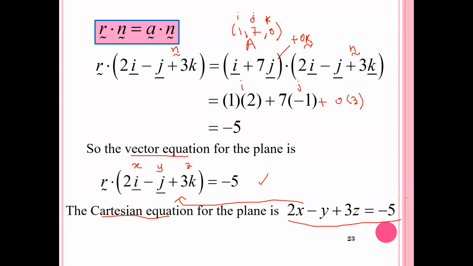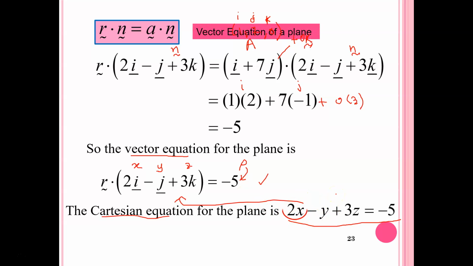So that's it, the vector equation and Cartesian equation. It's simple. For plane, you just have two equations. The very basic one is the vector equation for plane, r dot n equal to a dot n, and the Cartesian equation, where you equate it to p. This negative 5 is actually your p.